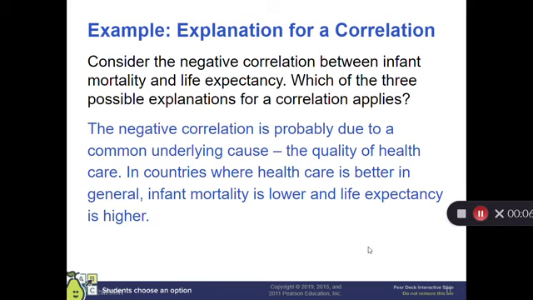We can't say that the age of one family member is going to cause the age of another. Usually in this case, what's probably the common underlying cause is the quality of healthcare. So there is a cause there, but one variable is not causing the other. It's the healthcare that's causing both of them to go up or down.